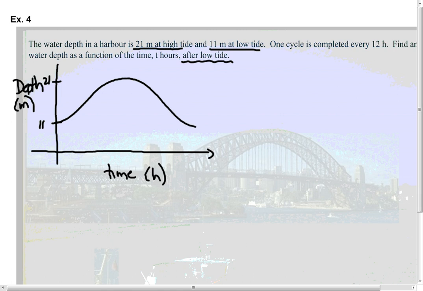Why can we say that the depth of water from high tide to low tide would be a periodic function? We want to come up with an equation for this. Oh, I can put this number on as well. It takes 12 hours to go from low tide to high tide to low tide again, which makes sense. We know roughly what that equation is going to look like.